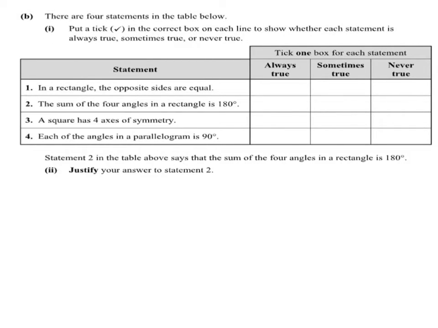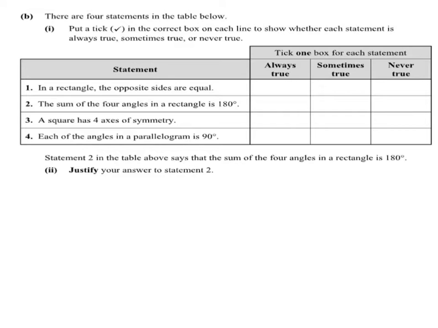Part 1. Put a tick in the correct box on each line to show whether each statement is always true, sometimes true, or never true. So if a statement is always true, we put a tick into these boxes. If it's sometimes true, we tick these boxes. If it's never true, we tick these boxes.